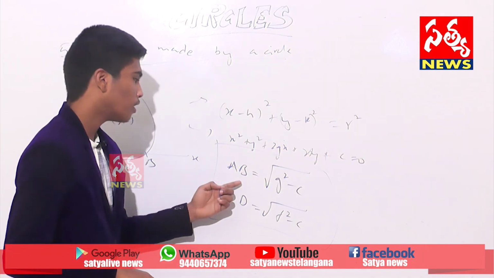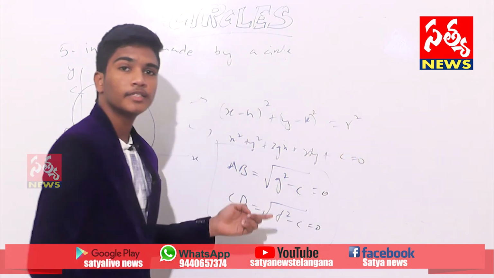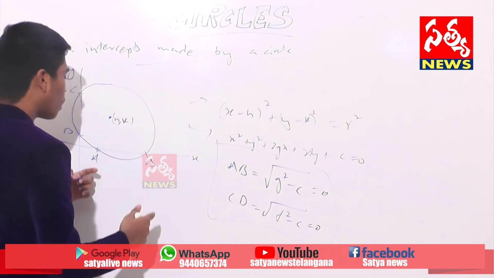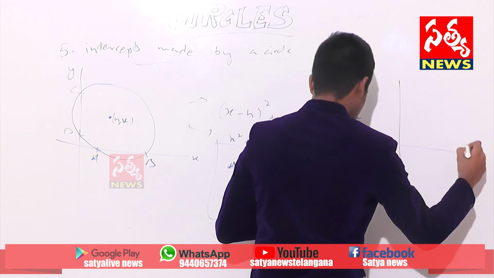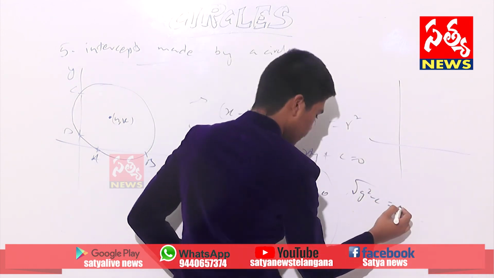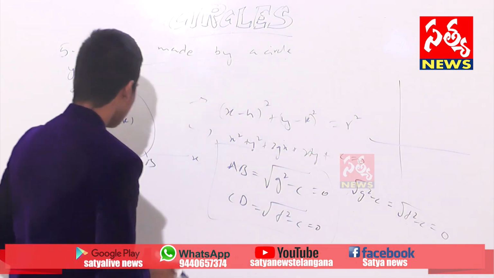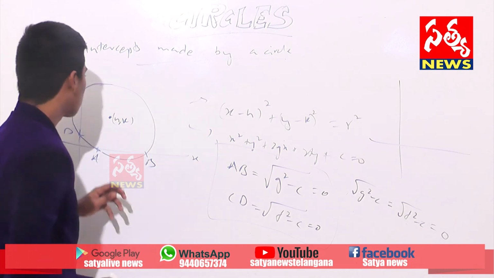And now, when these intercepts are 0, then the circle is said to be passing through or touching the coordinate axis. See, when root of g square minus c equals root of f square minus c equals 0, that means this length must be 0 and this length also must be 0.